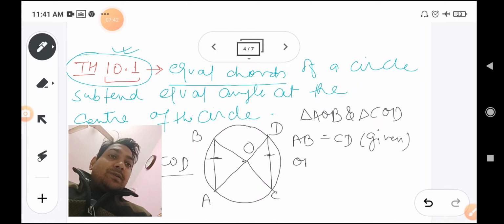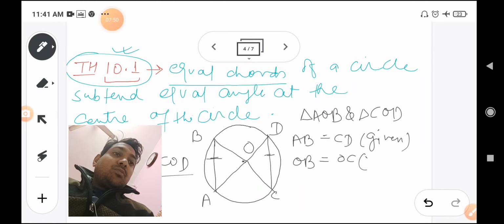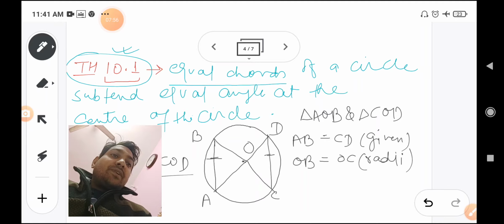OB is equal to OC. These are the radii, the plural of radius is radii. So the radius of a circle is equal, right? So OB will be equal to OC. Similarly, you can write OA will also be equal to OD.